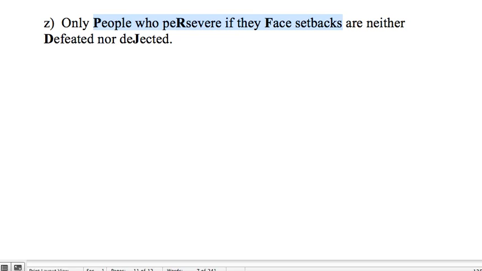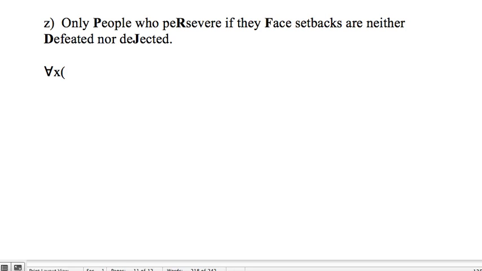So what's the subject of the sentence? About what class are we saying something? It's people who are neither defeated nor dejected. Now this is tricky. The word people occurs explicitly in the first part, but it's implicitly at work in the second part as well. That may have tripped some of you up.